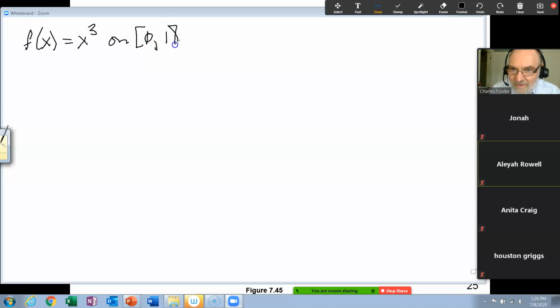Oops. It really doesn't matter whether you put parentheses or brackets. It doesn't matter. About the x-axis.